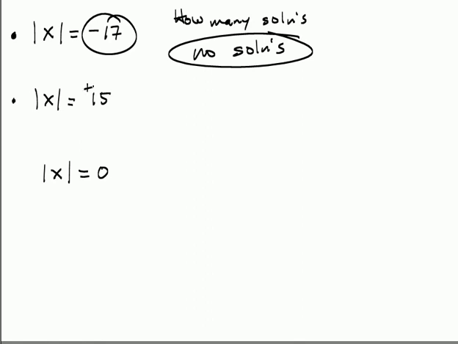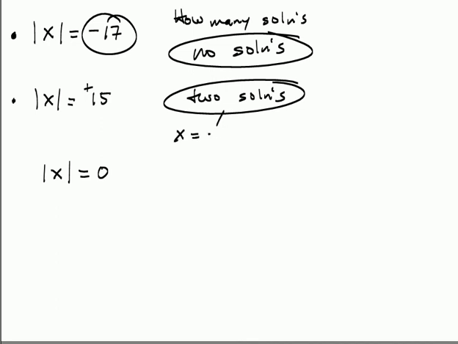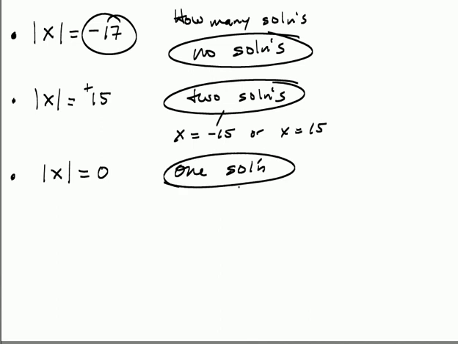That's a positive number, so how many solutions? 2 solutions. And what are they? They are x equals the negative of that number or x equals the positive of that number. And then finally in the last one, the absolute value of x equals 0. How many solutions? Just one solution, and the only solution that's going to work there is x equals 0.